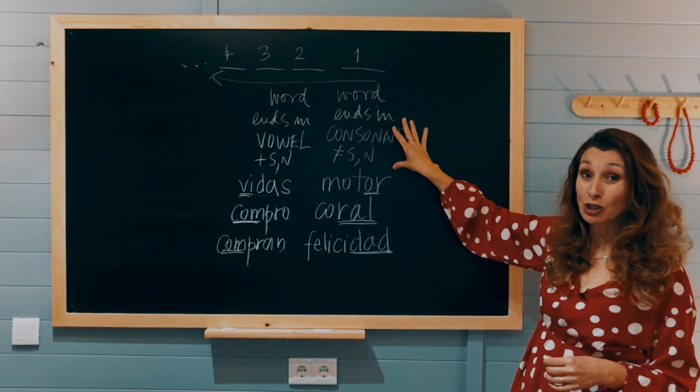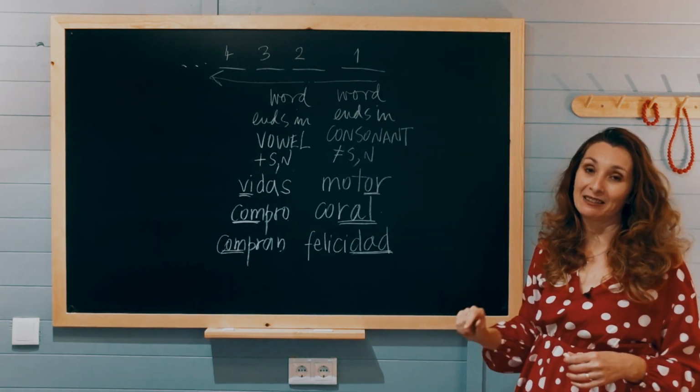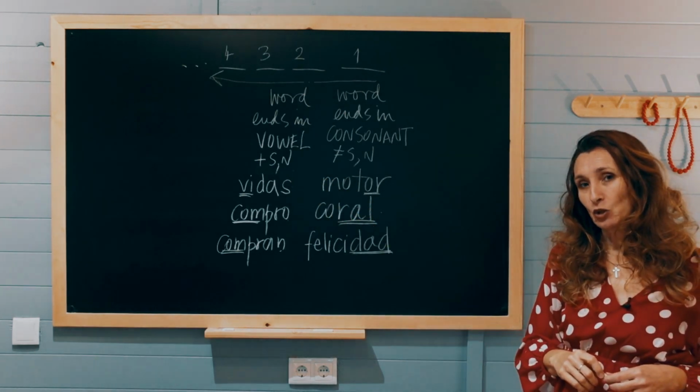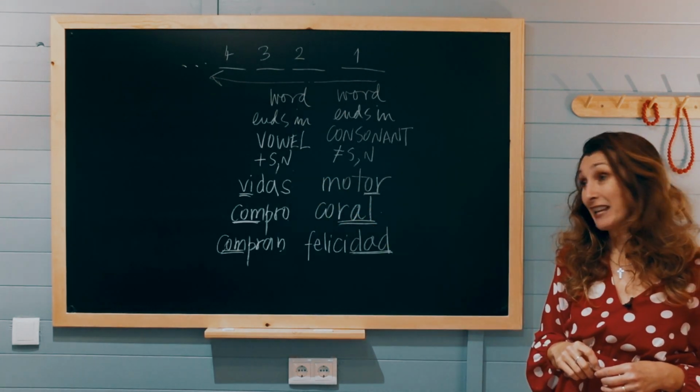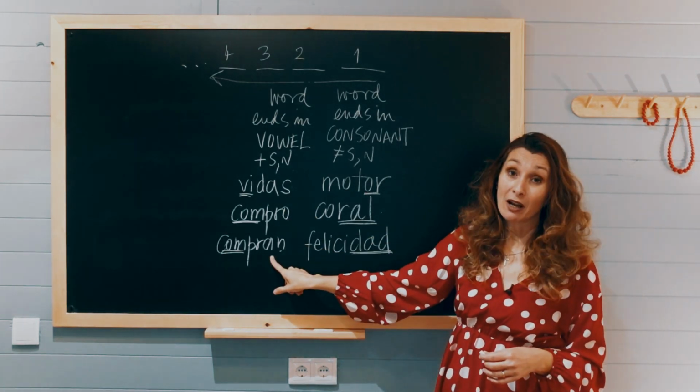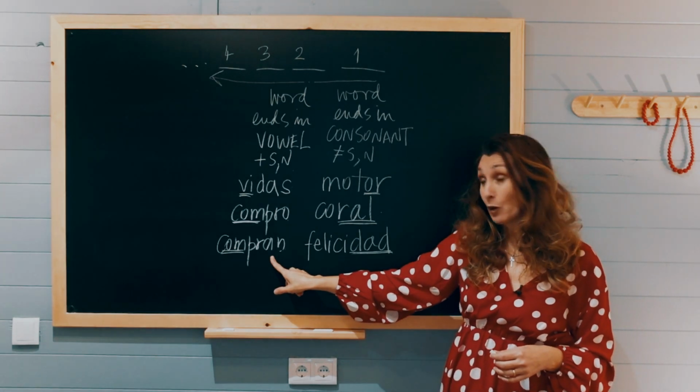So we said here consonant except S and N. Why? Because they very often appear in Spanish words once we start changing the endings, either because we are creating plurals or because we are conjugating verbs, okay?